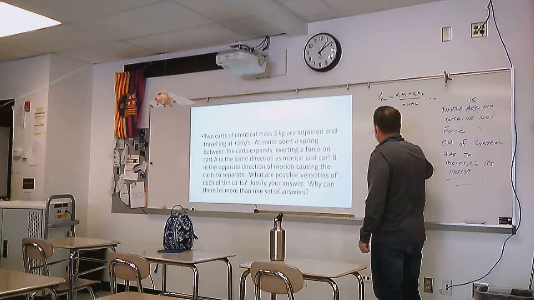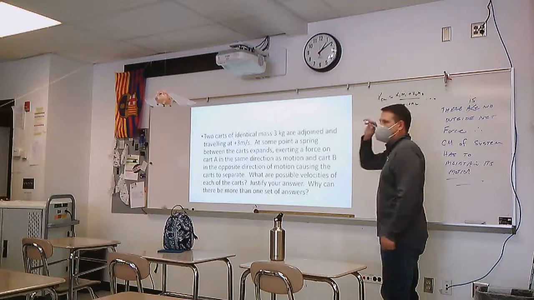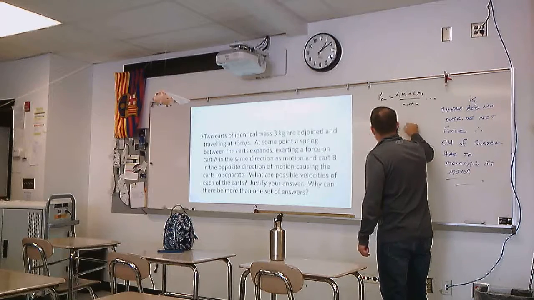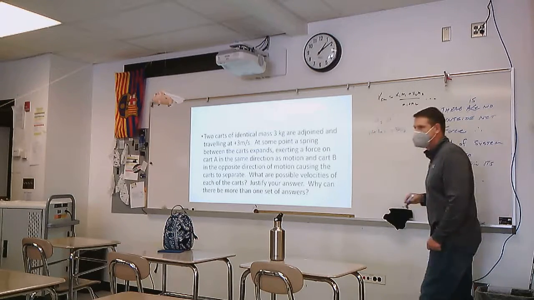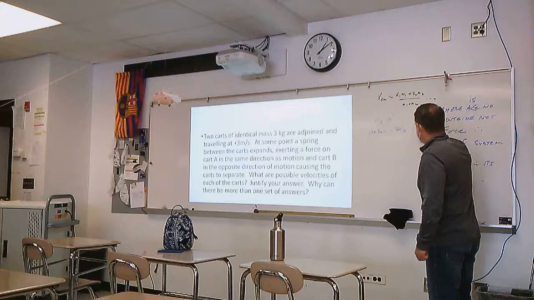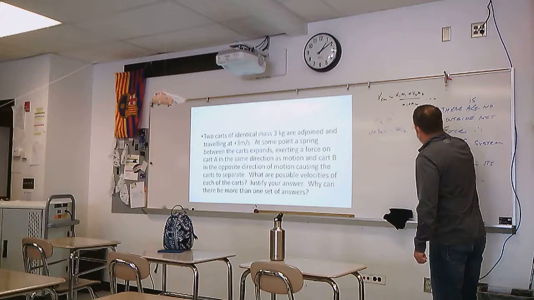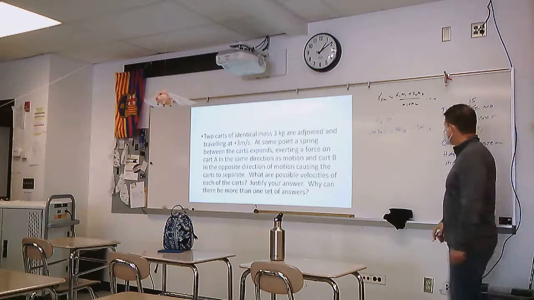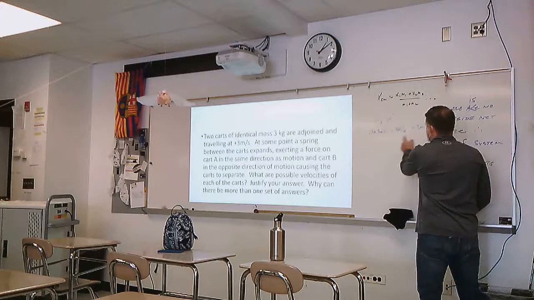Well, what's that got to equal? That's got to equal the mass of card A, which is 3 kilograms, times A's velocity afterwards, plus 3 kilograms times B's velocity afterwards. What can you do over here on this side to the 3's?